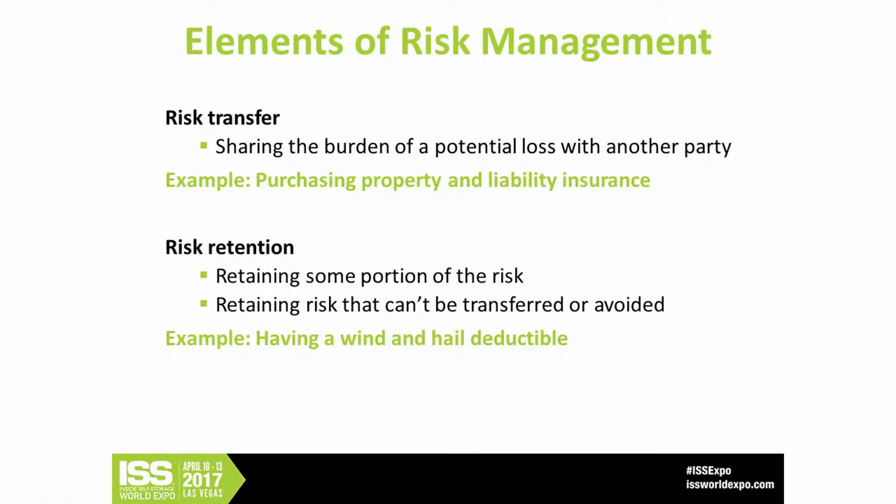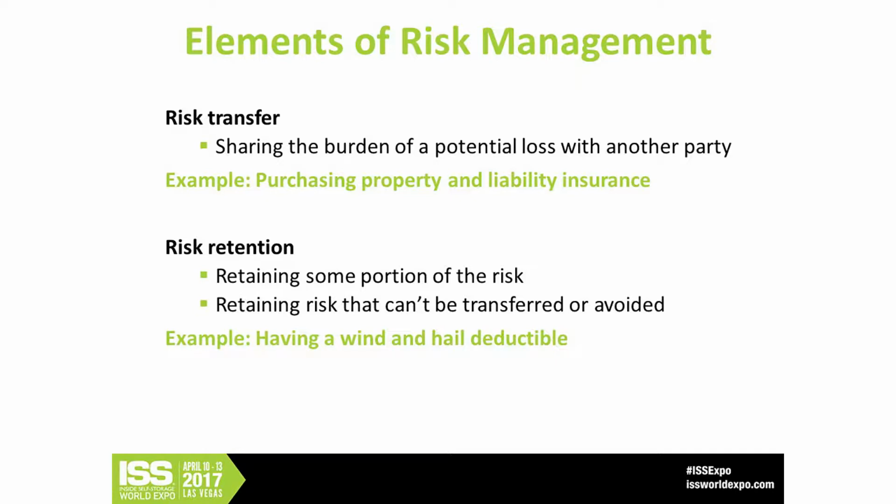Next is risk transfer, and that's probably the element we all know best, because that's basically buying insurance and you're transferring your liability risk to that insurance carrier. Risk retention, again, is a very common element, in which you're taking on some of the risk.